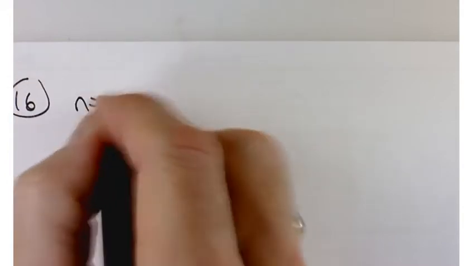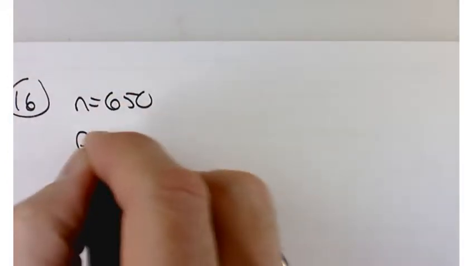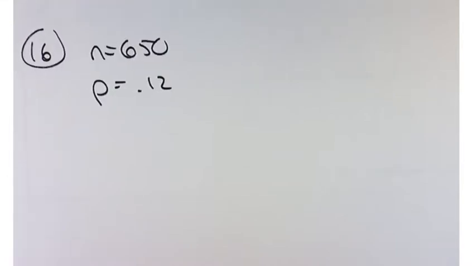There's one other assumption that I have to check, though. What's that other assumption? So n equals 650, p equals 0.12. Good. N times p is greater than 5, and n times q is greater than 5.